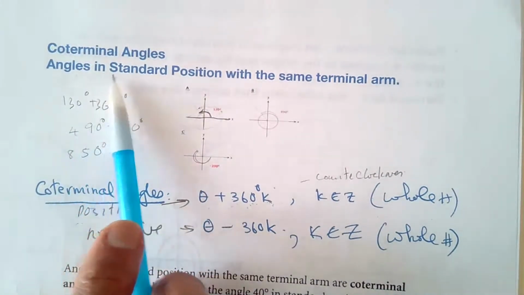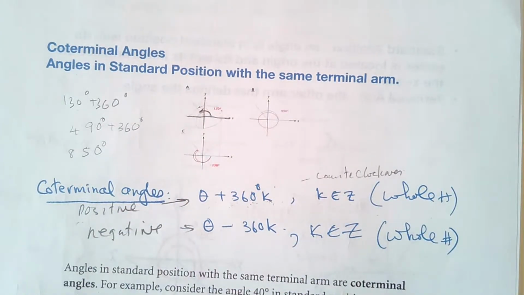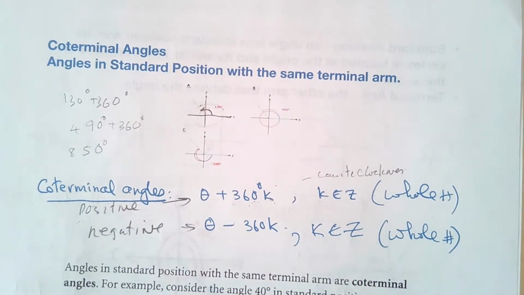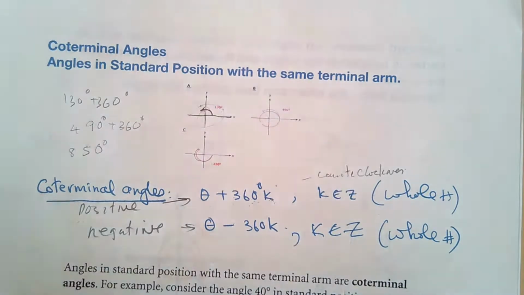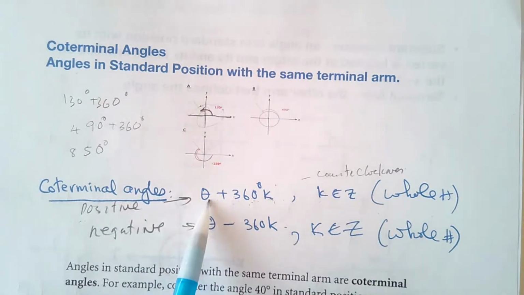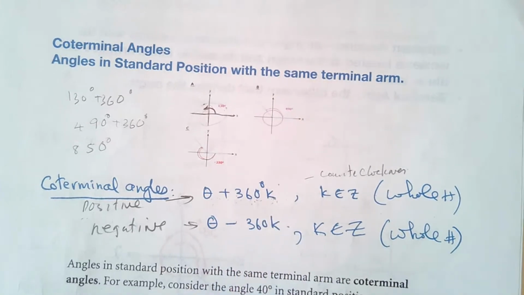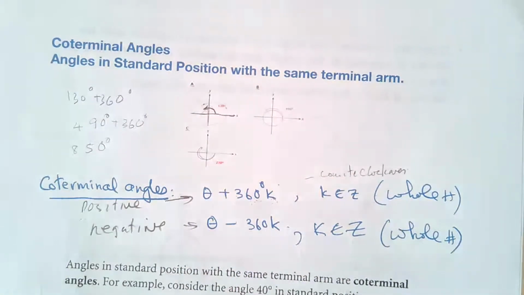Given an angle, all of its coterminal angles can be defined as theta plus 360 degrees times k.